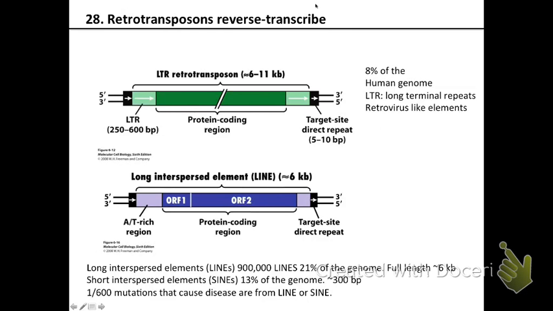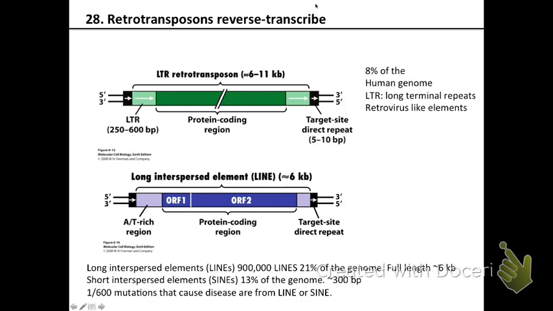The long interspersed elements in humans make up most of our genome. So the long interspersed elements, they're called LINEs. There are 900,000 copies or so, which makes 21% of our genome, right? So this is amazing. The full-length LINEs are about 6 kb, and you also have short interspersed elements.